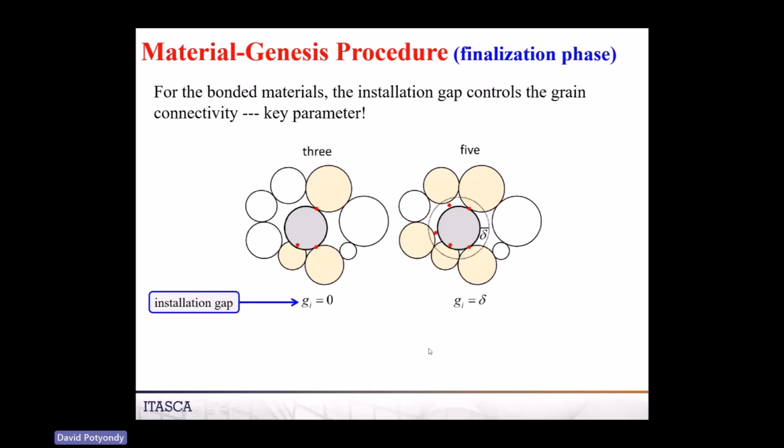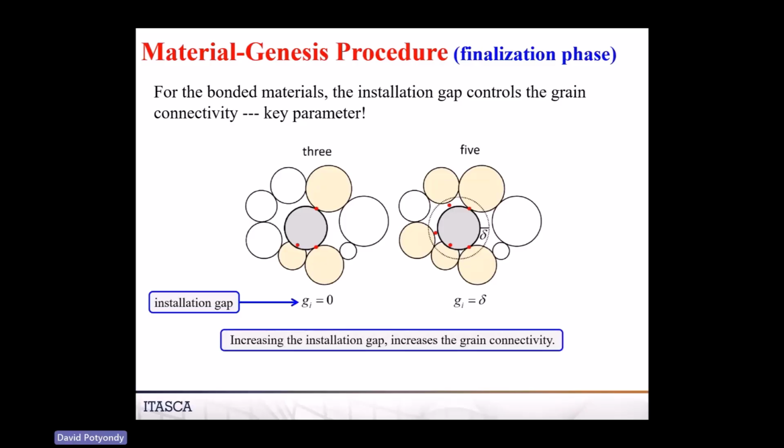So the system on the right has a much denser connectivity than the system on the left. We're going to find that this affects the grain connectivity. It's going to affect the modulus and the strength. The bigger the connectivity, the more springs you have. The more springs you have, the higher the modulus. And also, the more bonds in there, the stronger it is.